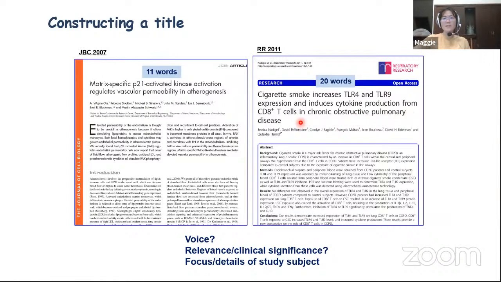So when you read this title, you know what the study was about and the key findings in the whole manuscript. So these are good examples for constructing a title.